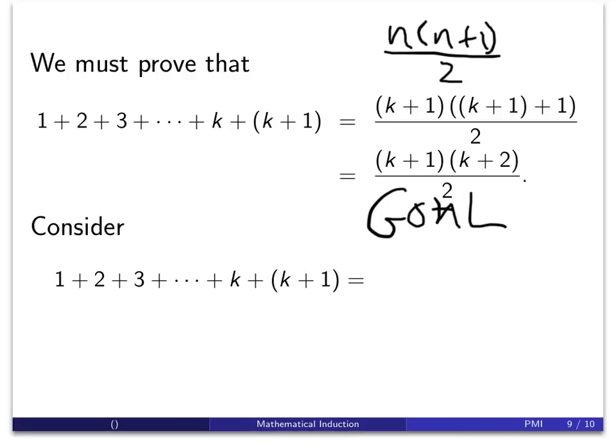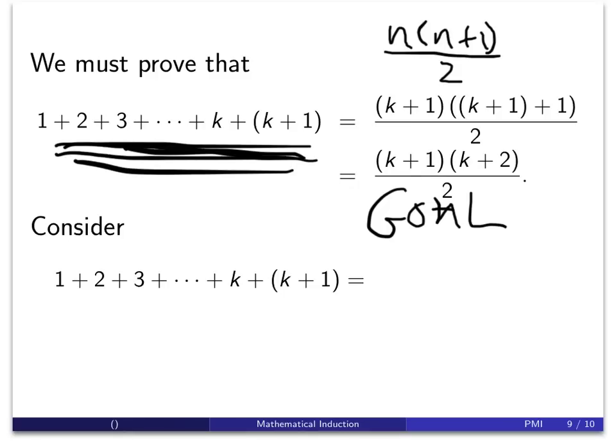Okay. In induction proofs, you always want to keep your eye on the goal. Also, you only want to work with one side of the equation. It is not proper to say this equals this and then manipulate both sides. That's not the proper way to prove these things. So we're going to start off with the left-hand side of the equation.